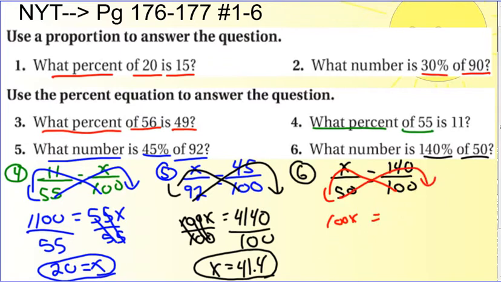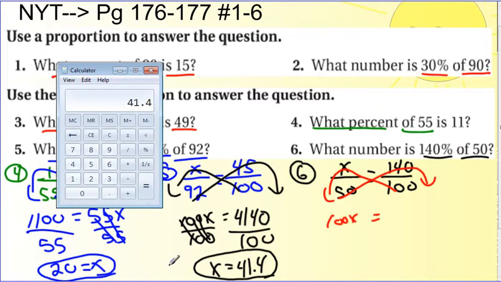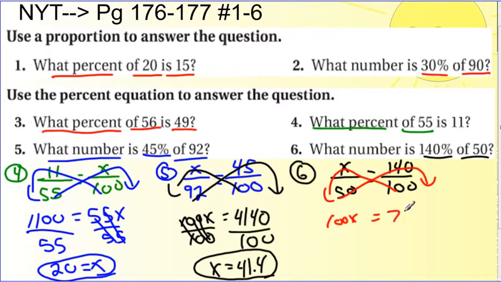It's going to be like 9,000. No, 7,000. Divide by 100. These guys cancel out, so we have our variable by itself. We get 70.